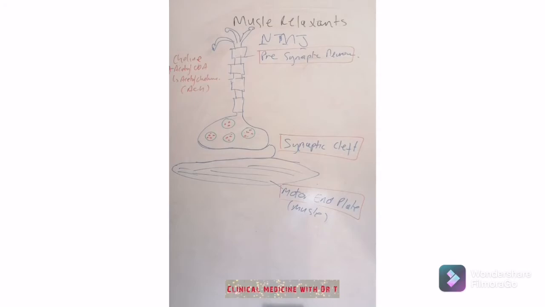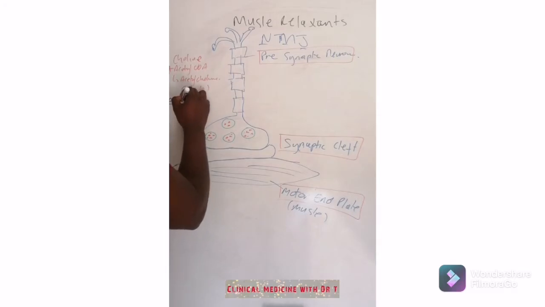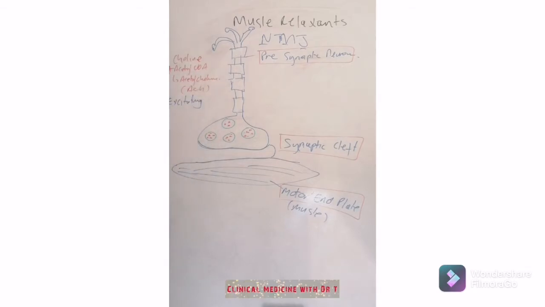As we all know, acetylcholine is a neurotransmitter, and it's an excitatory, not an inhibitory, neurotransmitter. So it excites cells. It's stored in those vesicles, and in each vesicle there are about 10,000 molecules of acetylcholine.